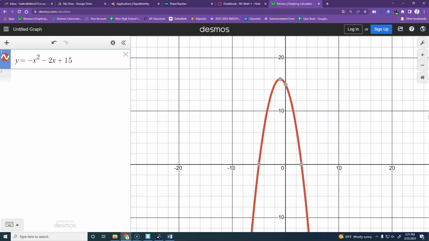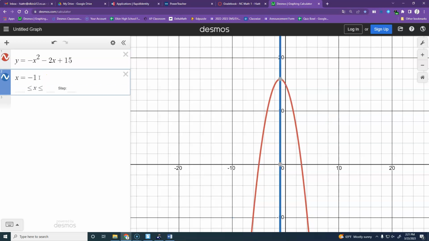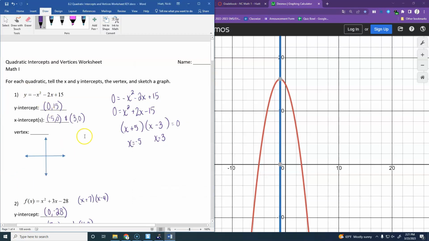If I put a line right here at x equals negative 1 and cut it in half, half of it looks like the other half. So wherever your zeros are at, the vertex is going to be halfway between. How do I find the number that's halfway between points?